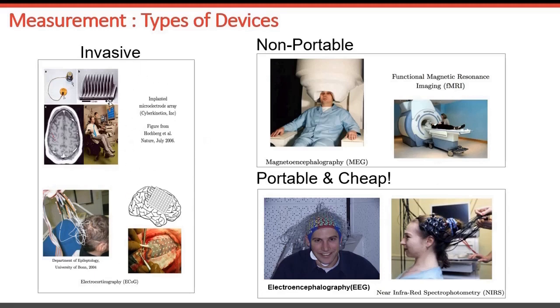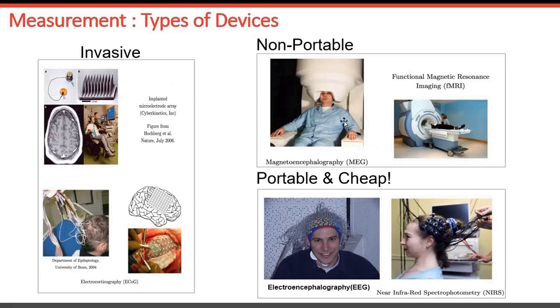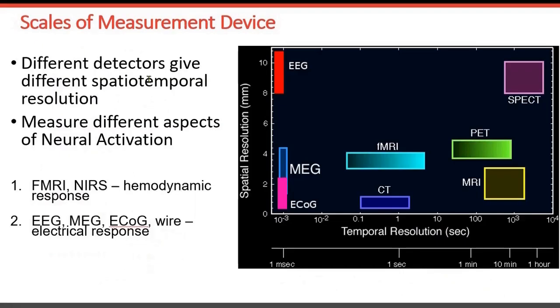electrocardiographic signals. If I open this slide, these are only some of the limited examples of brain imaging modality. We have some other technologies, and if you compare them, in terms of scales, they have different characteristics. We are interested in two things mainly: spatial and temporal resolution.